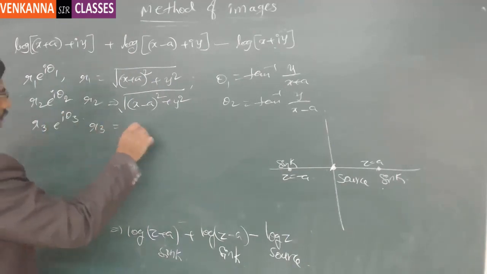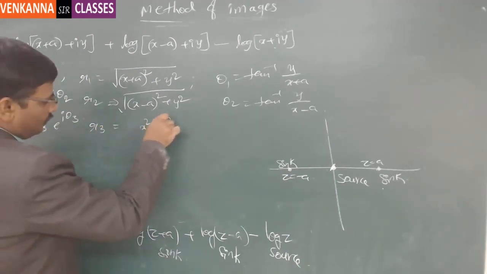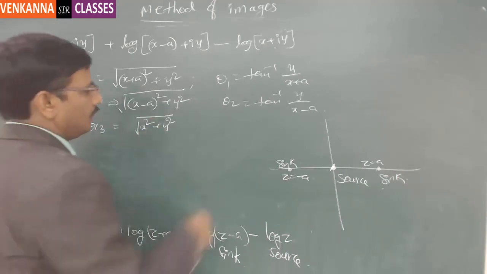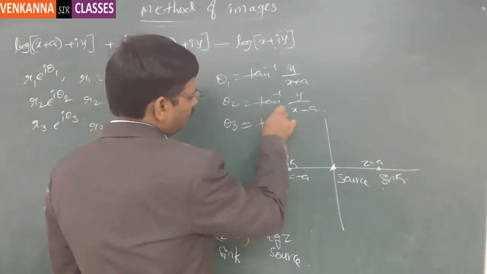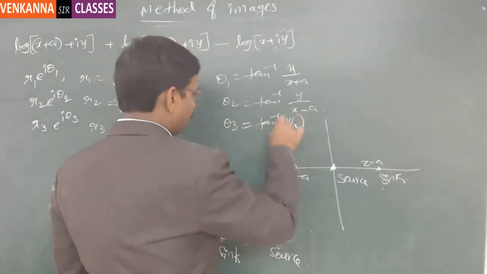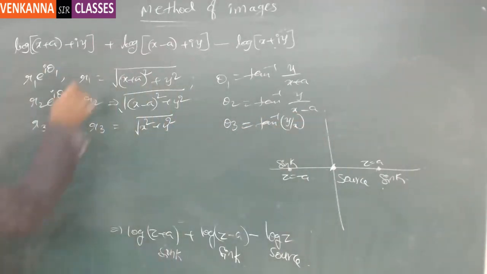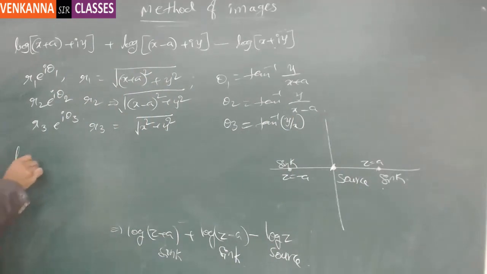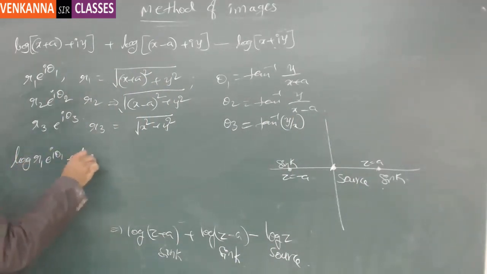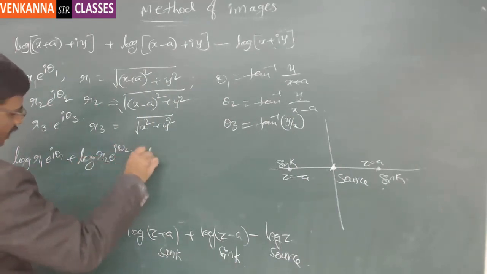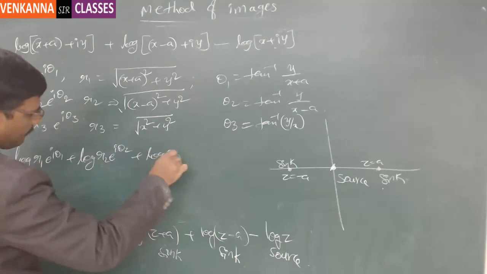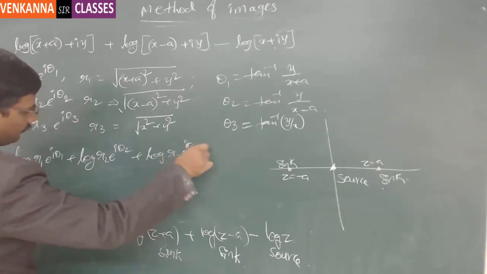R3 is equal to the square root of x square plus y square, and theta 3 is equal to tan inverse of y by x. Now all these three together: log of r1 e power i theta 1 plus log of r2 e power i theta 2 plus log of r3 e power i theta 3.